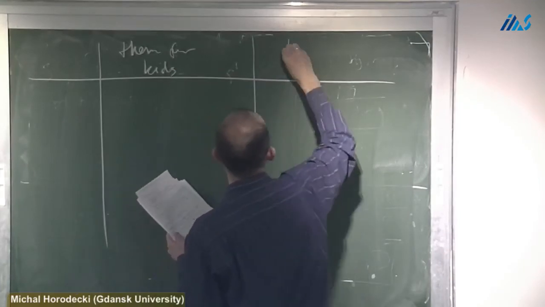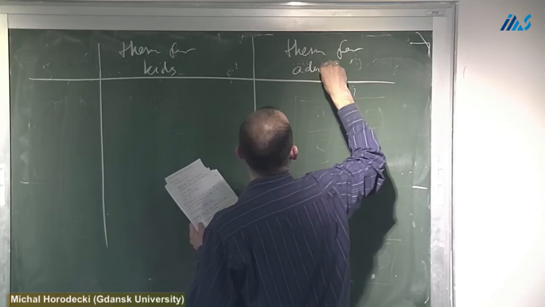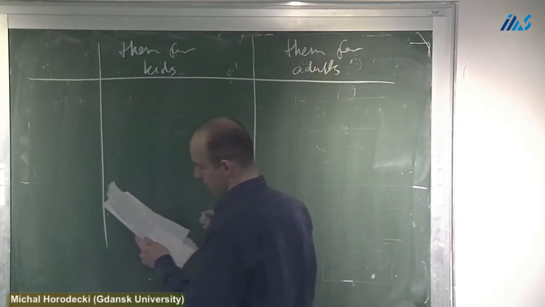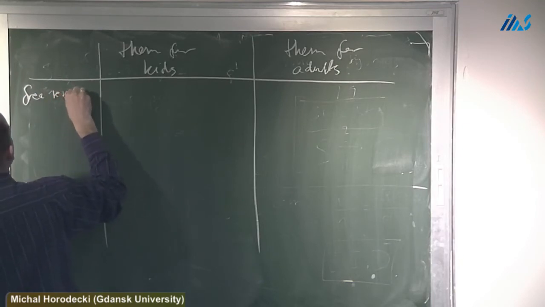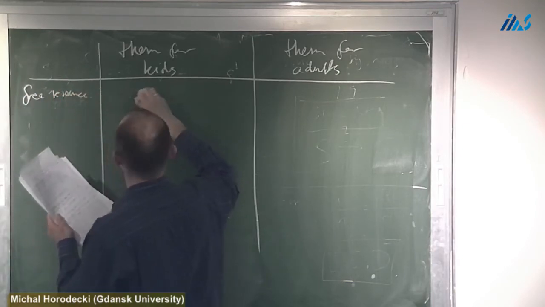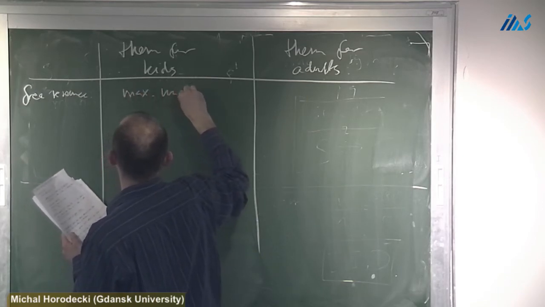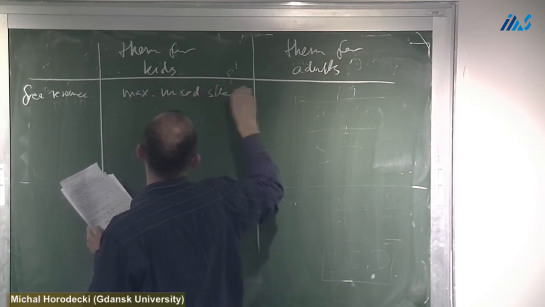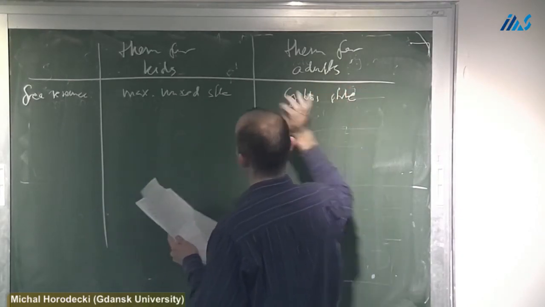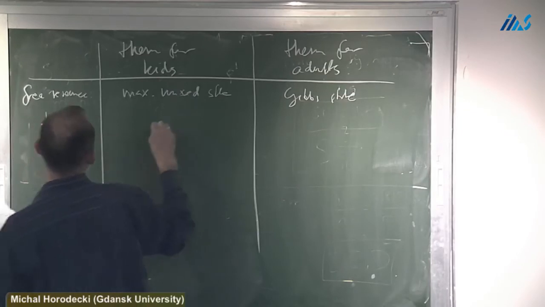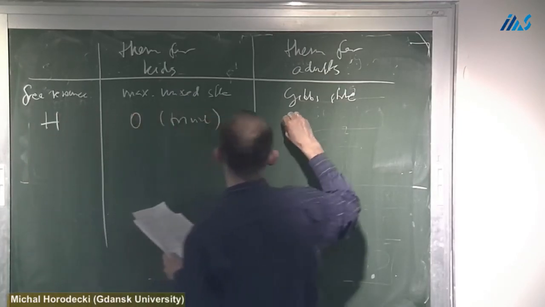Here it's for adults. So we have here free resource, and here the free resource is the maximally mixed state. Here it is the Gibbs state. I should start from the Hamiltonian. Here the Hamiltonian is 0, trivial, and here non-trivial.